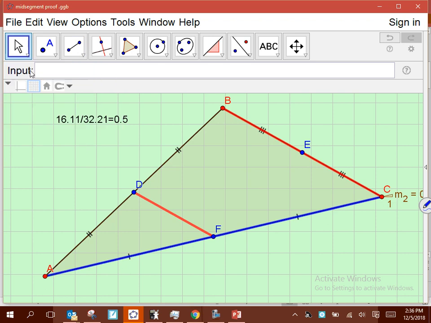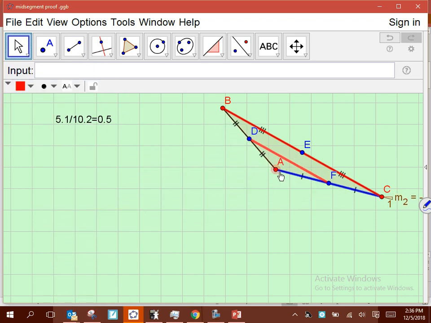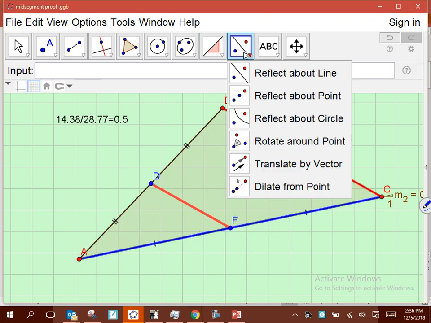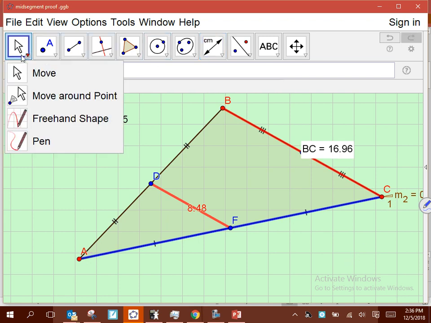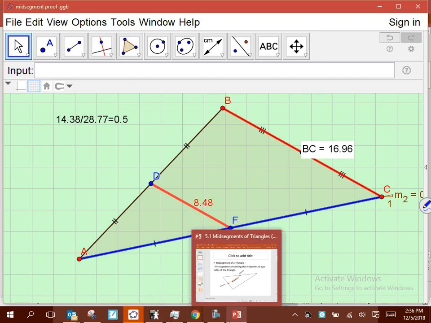I'm not going to put the slopes in, but would you agree that those slopes are going to be the same? All right, and if I look at the distances then, distance of that one, 8.48, distance of that one, oh, not giving me the perimeter. I don't know if I'm going to be able to find the distance real easy that way. Okay. I'll take 8.48 and double it. Do I get 16.96? Yeah, okay.